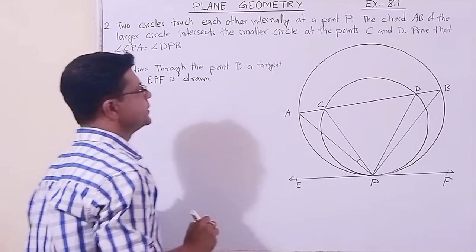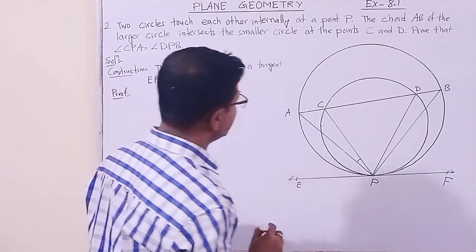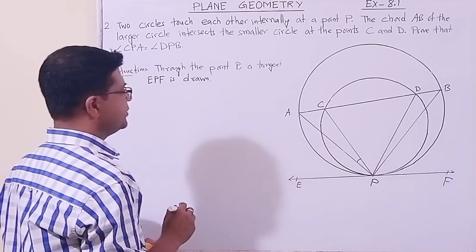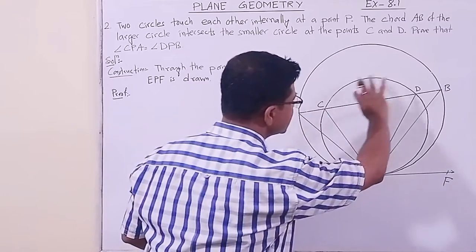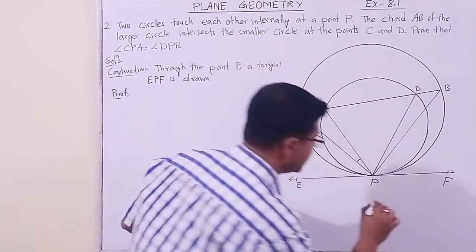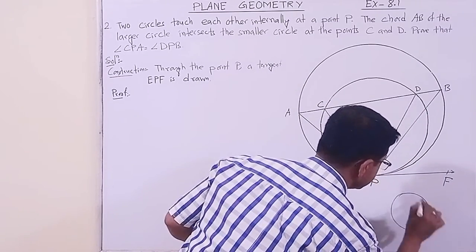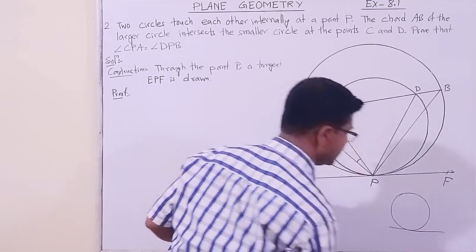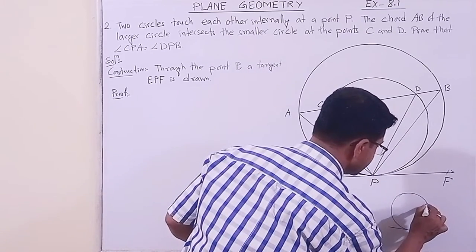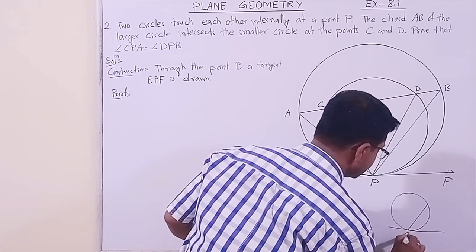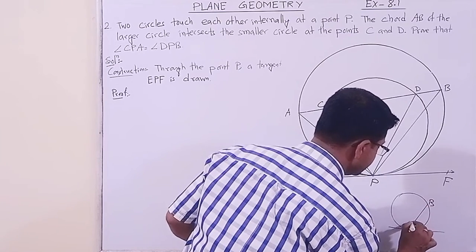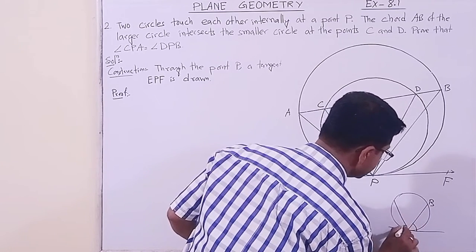Okay, now here how we'll do. At first, what is the theorem? That theorem we have to know again. This is the tangent, this is the chord. This angle is equal to this angle.